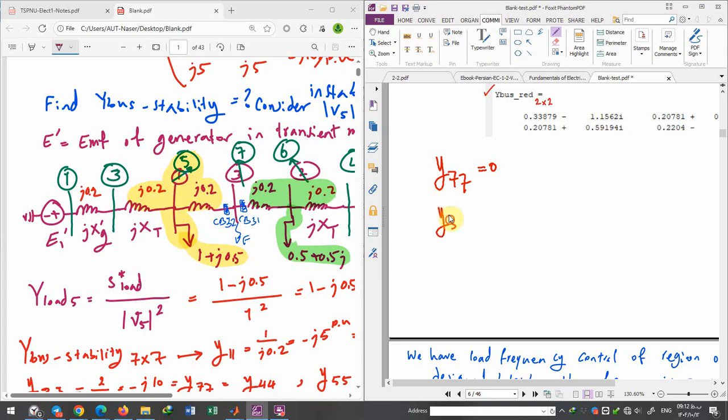Y55 is changed, Y66 is changed, so we have to recalculate Y55 and Y66 as new ones. Bus number 5 is affected, bus number 6 is affected.